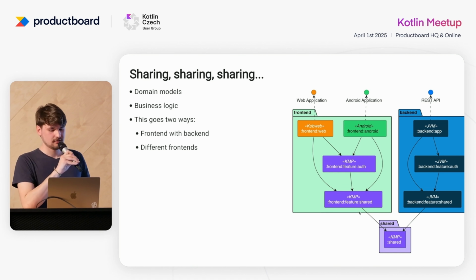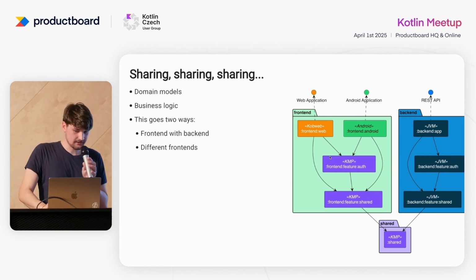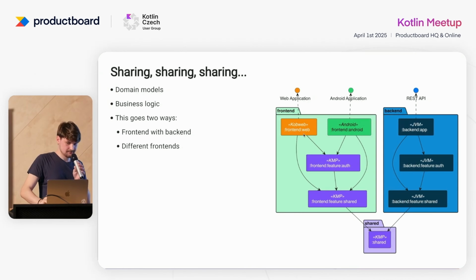Then on the front end, we have some front-end shared module which accesses this global shared module, let's say, and some feature modules. Now, there's also a second kind of sharing, and that's between different front ends.